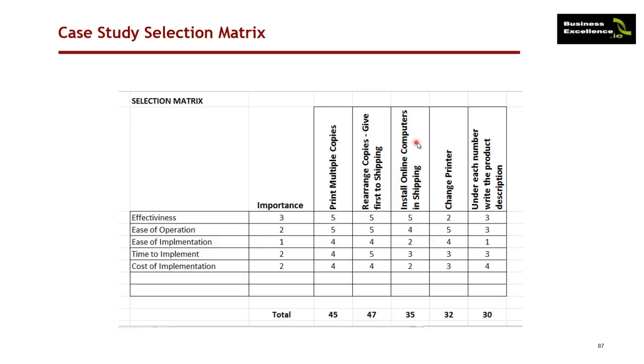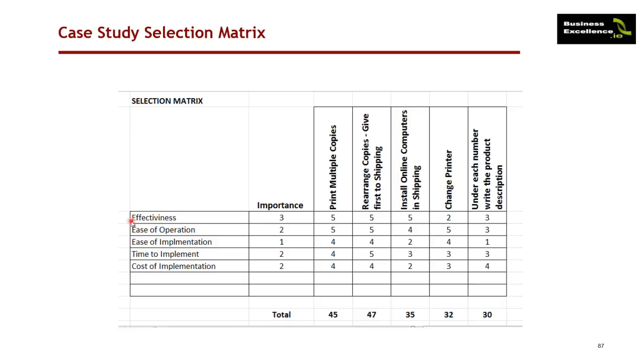We're going to install online computers in shipping, so they don't use an order form anymore. They read it directly from a computer. We could change the printer, or what we could do is under each number write out the product description. So in future what people see is they see a number and the description.